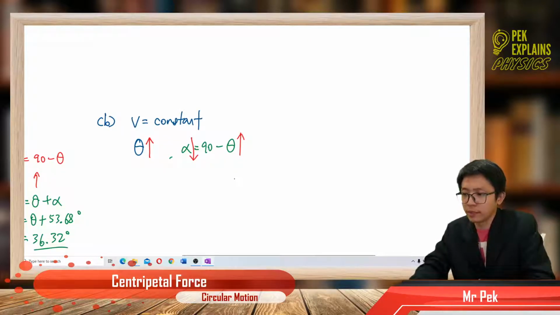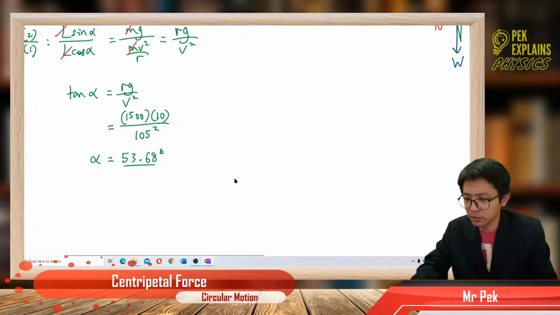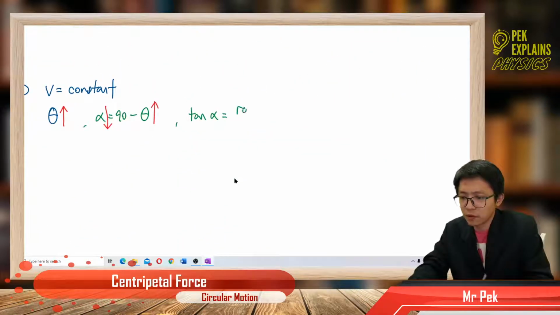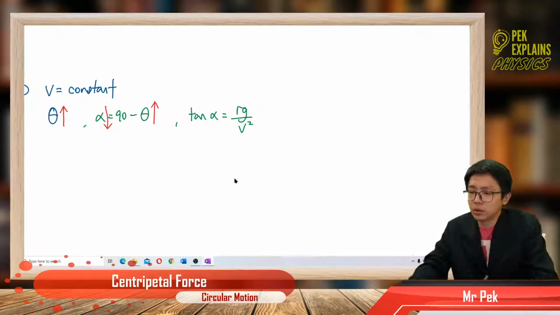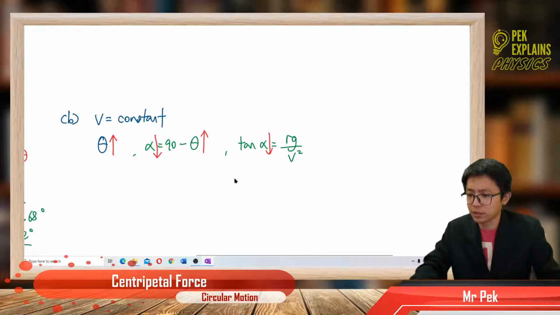So let's write that down. Tangent alpha equals Rg over V squared. Okay, so if the alpha goes down, what he asked is, he said V constant, isn't it?